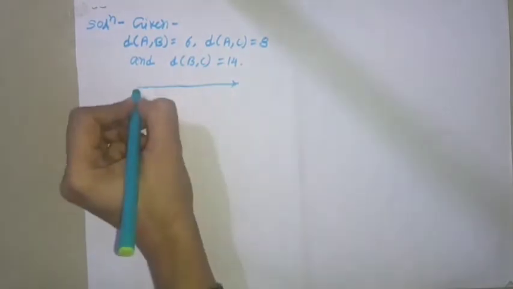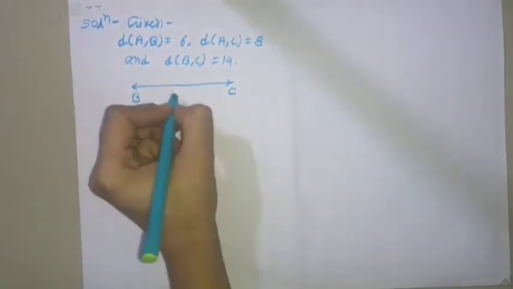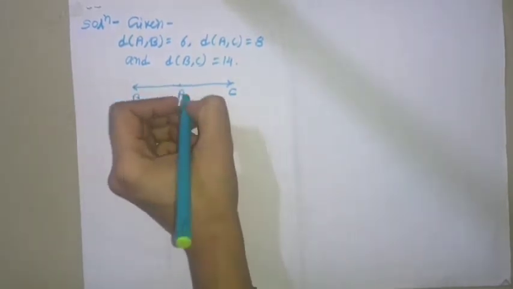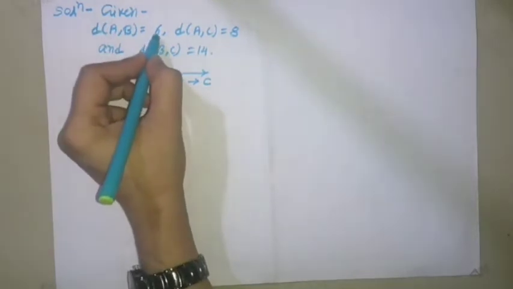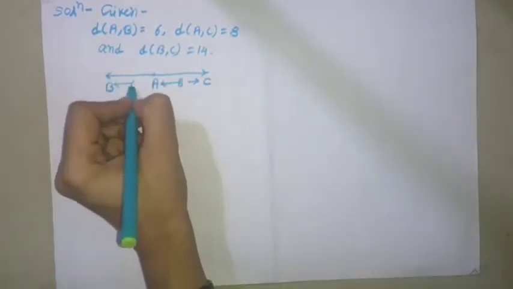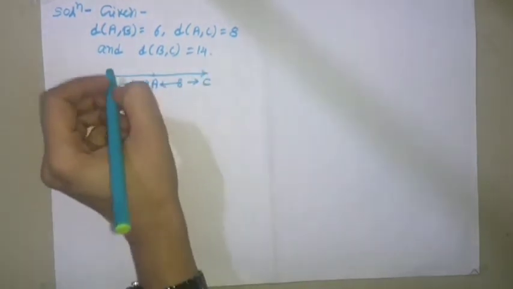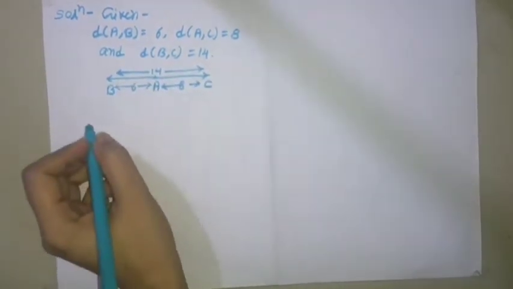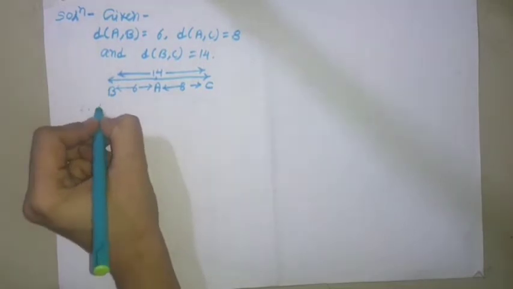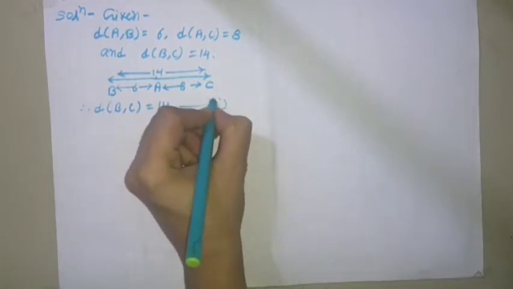According to the question, B, C, A. Distance of AC equal to 8. Distance of AB equal to 6. And distance of BC equal to 14. Therefore, distance of BC equal to 14. It is denoted by first equation.